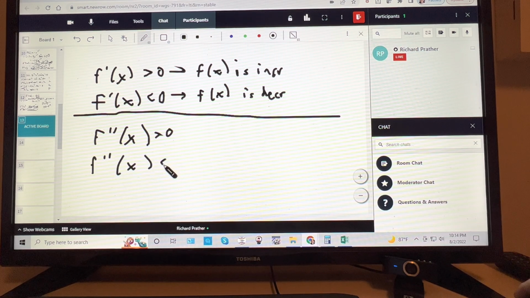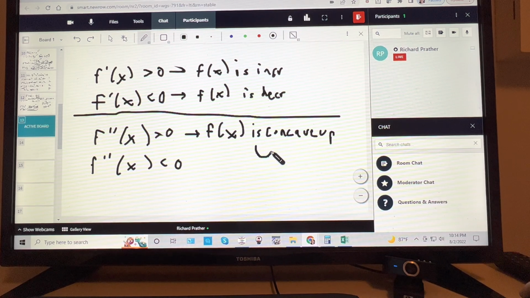And in the sections that are greater than 0, the original graph, not the derivative, but the original graph, is called concave up. Concave up is a curvature like an x squared, like so. That's concave up. If it's less than 0, if it's negative, then the original graph is concave down.